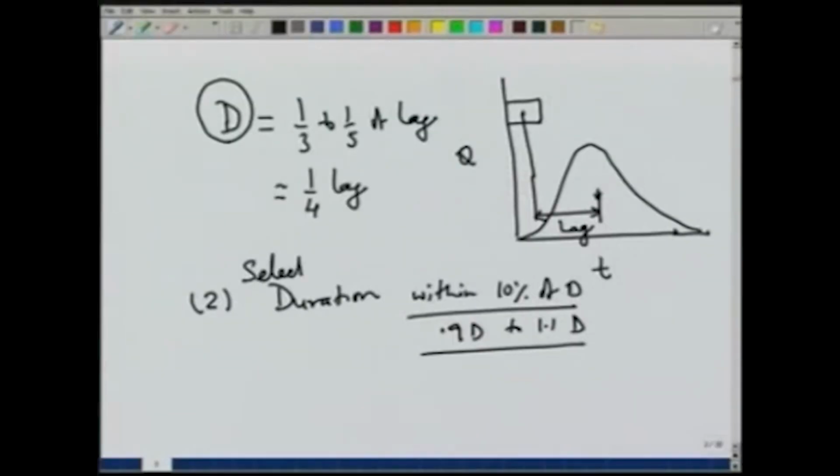So, we select storms with duration within this 0.9 to 1.1 d.